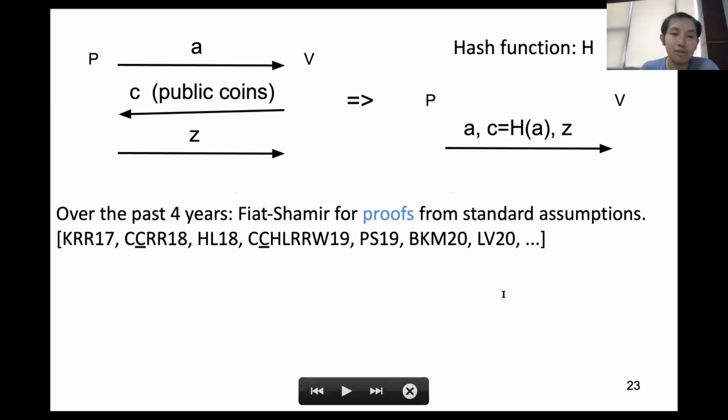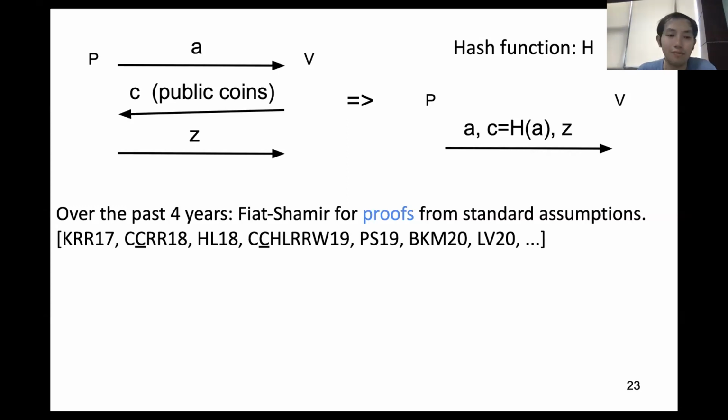It's still a widely open problem to understand how to do Fiat-Shamir for arguments without using a random oracle, and also how to do Fiat-Shamir for the kind of arguments that are able to avoid the Goldwasser-Kalai impossibility results. In fact, if you think about all the applications of Fiat-Shamir, the really interesting ones are arguments.